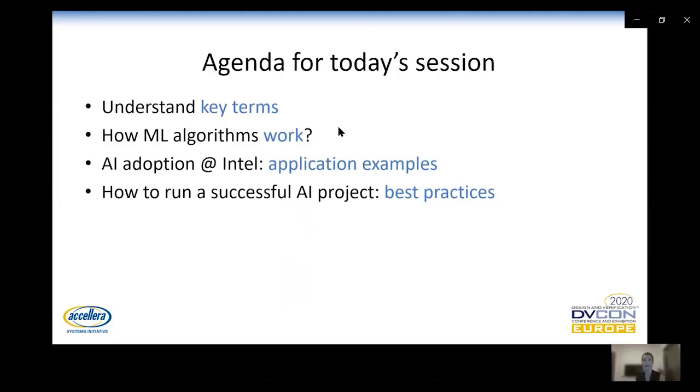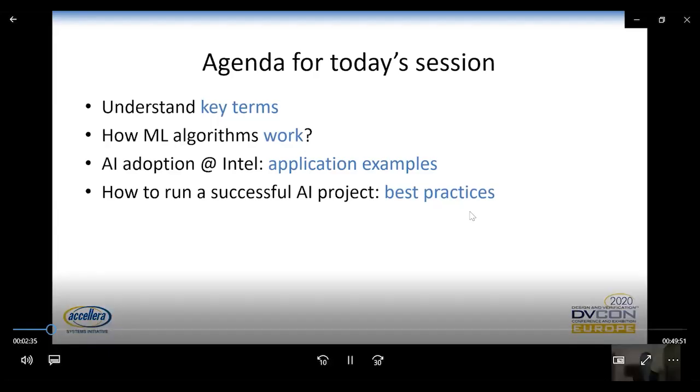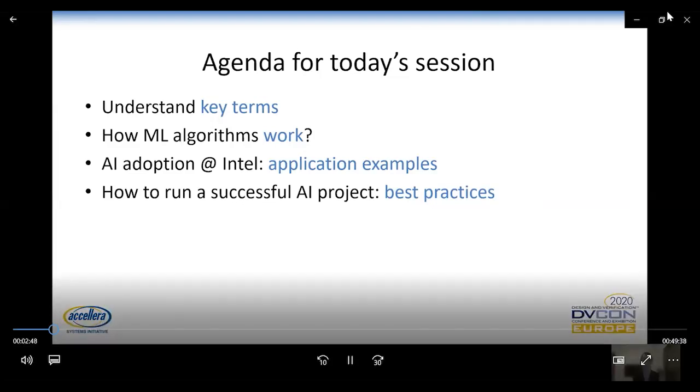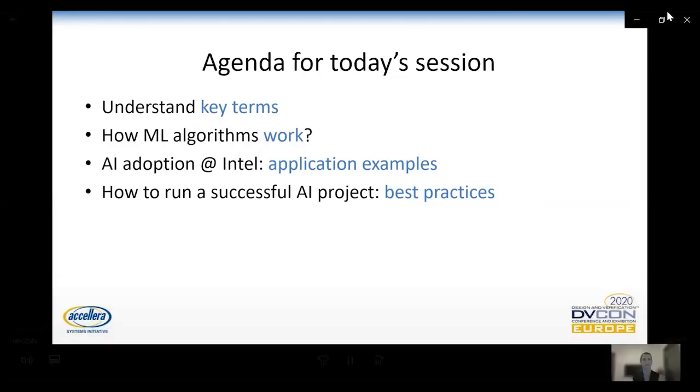I will share a few application examples from the work that we have been doing at Intel, and hopefully that can be relevant to your organization as well. And last but not least, I will talk about a few best practices that we have developed over the years in order to increase the likelihood of running a successful AI project.